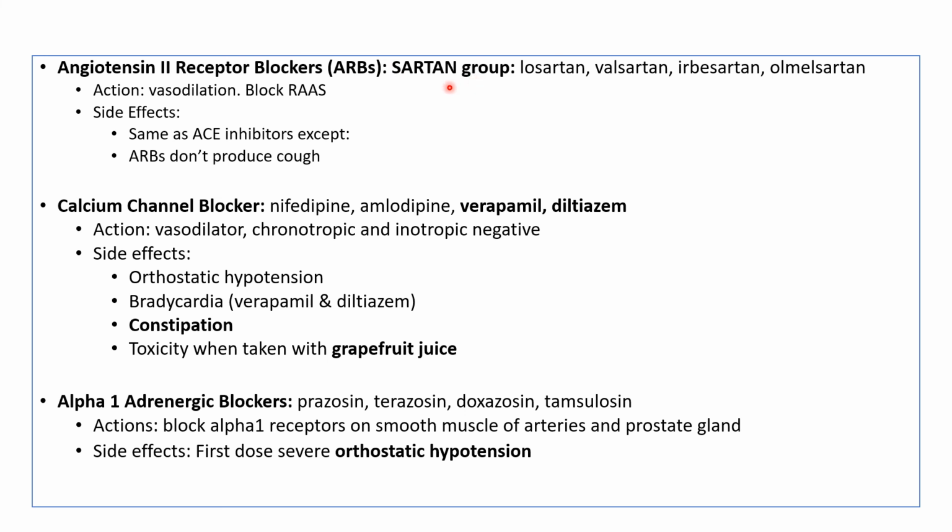This group is called the sartan group because the termination is sartan, and they have the same characteristics as the ACE inhibitors, with the only difference that they don't produce this annoying cough that the ACE inhibitors can produce.